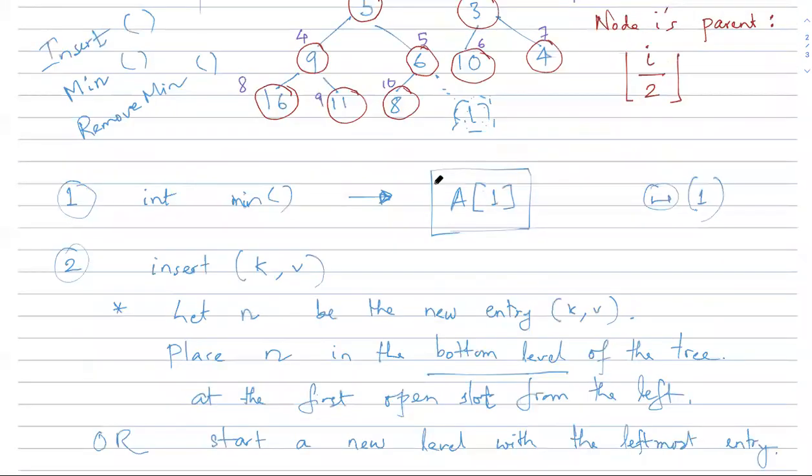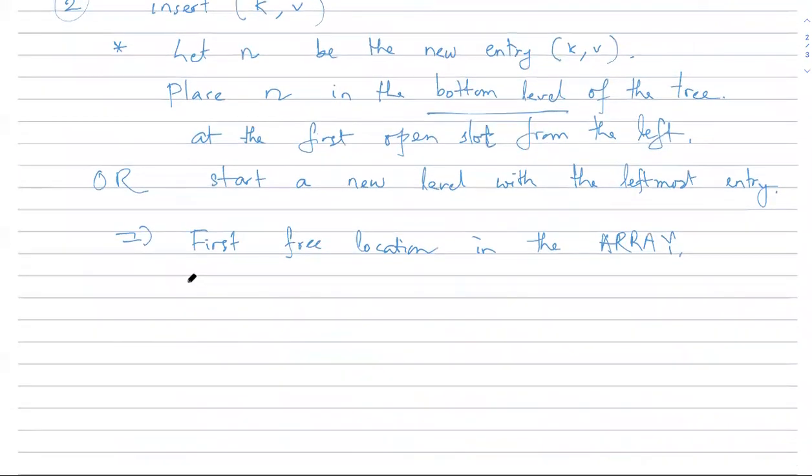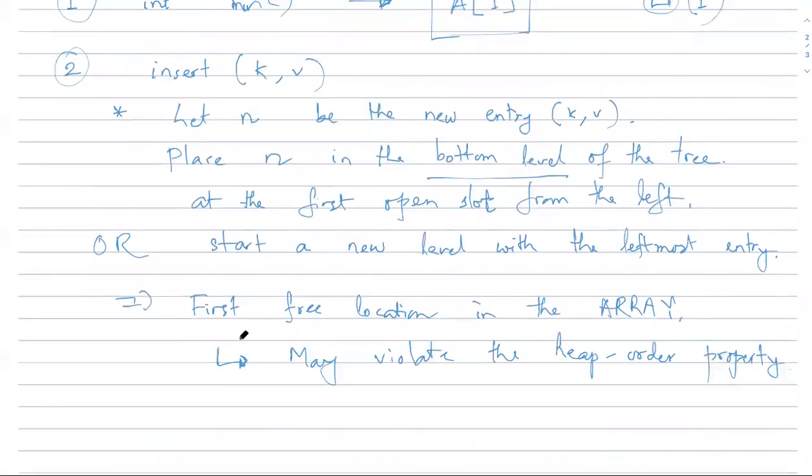So somehow, we have to restore the heap order property. The point is that this may violate the heap order property. So we have to bubble up the tree until the heap order property is satisfied.